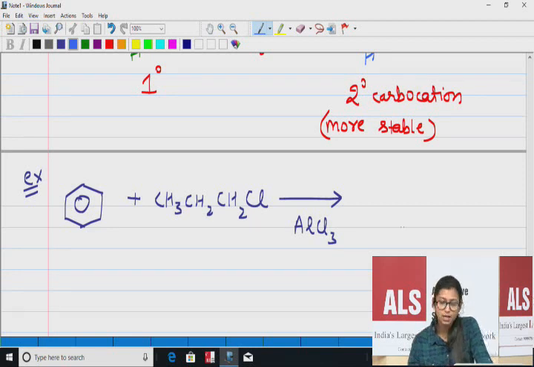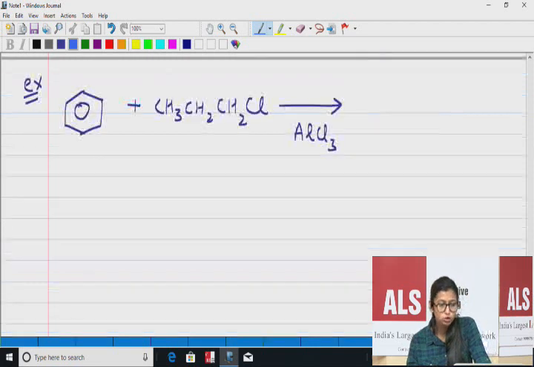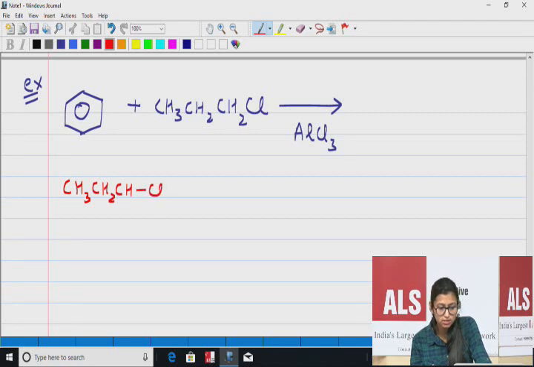Everyone look at the screen. I am doing the question. Now what you people have done, look at the screen. You have taken CH3, CH2, CH2, and this is the Cl. You are making a bond with AlCl3, which is absolutely correct. Very good.